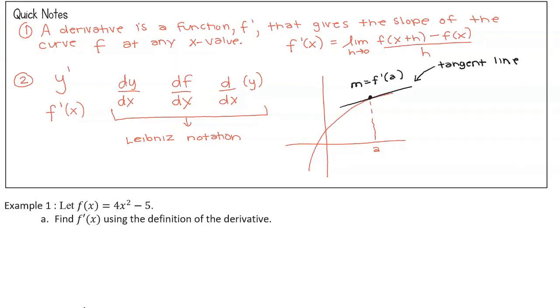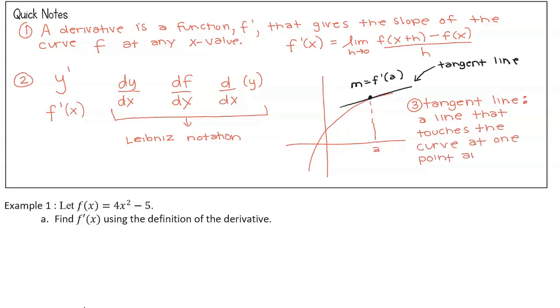And I think I have defined this in a previous video, but let's go ahead and add it here for completeness. We'll define the tangent line. This will be a line that touches the curve at one point and shares the slope of the curve.